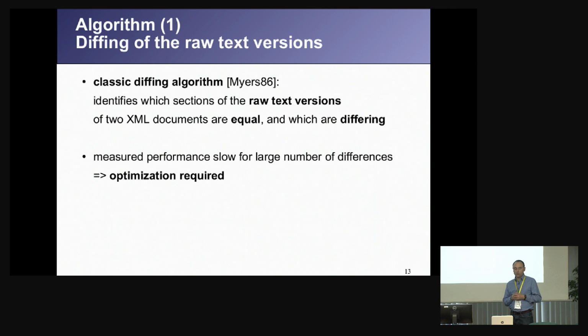Clearly, an optimization was required. But this algorithm is state of the art. It's recognized as such, and we are using a library that is said to be high-performance. So it was difficult to optimize either the algorithm or its implementation.